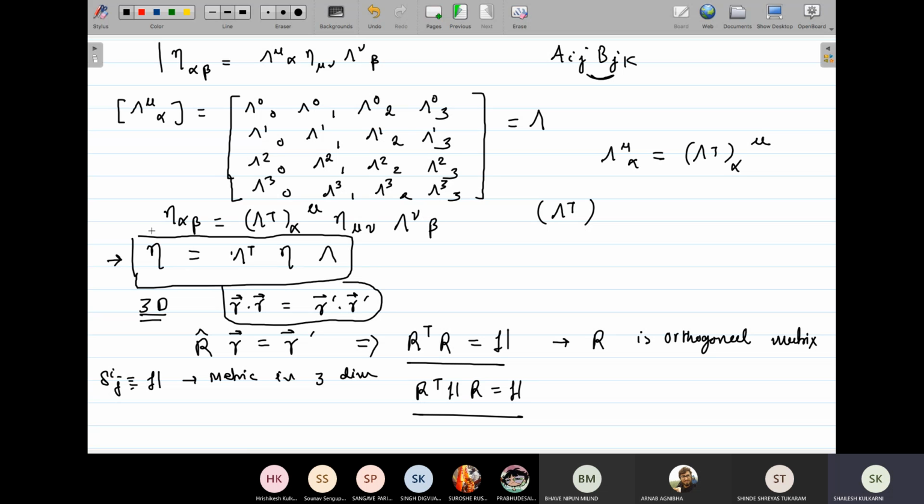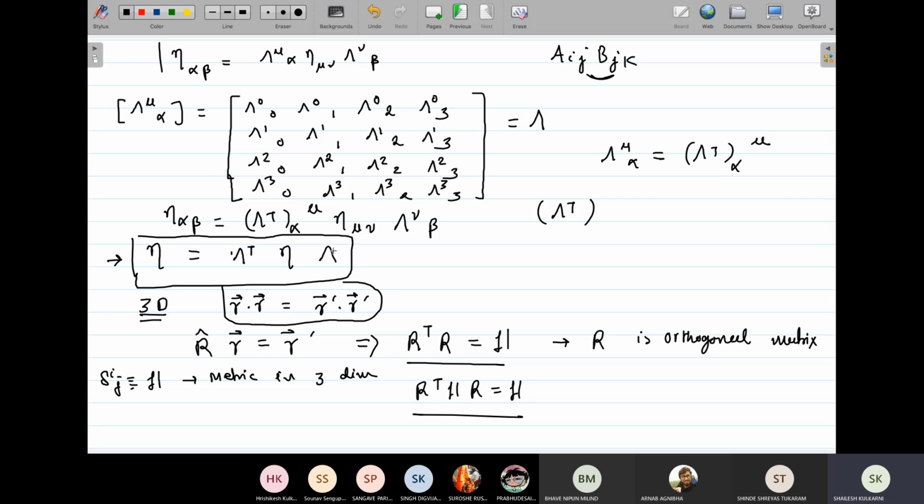Lorentz transformations are much more general than just rotation. You will see later that this lambda also involves rotation, plus something else which we call a boost.